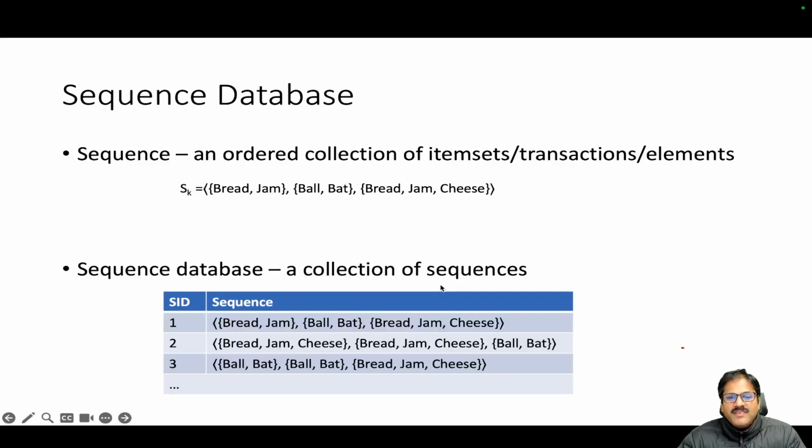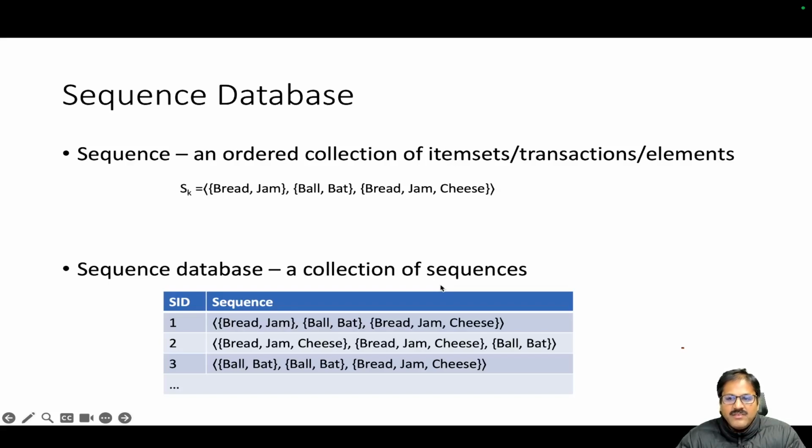A sequence is basically an ordered collection of item sets, or we can also call them transactions or elements. So as shown here, a sequence SK contains the first item set bread, jam, the second item set ball, bat, the third item set bread, jam and cheese. This sequence tells the user that a customer has visited the supermarket and at first he purchased the items bread and jam.